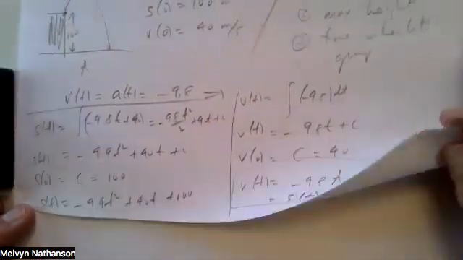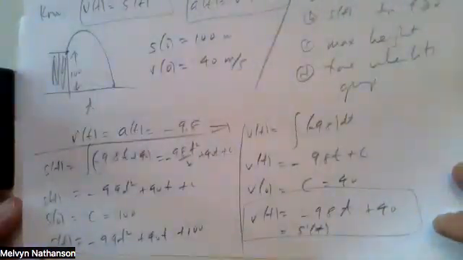So let me just write that down. In our problem, our particle's position s of t at time t is minus 4.9t squared plus 40t plus 100.